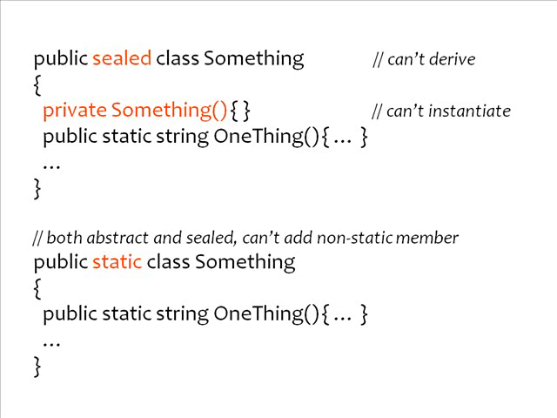So no one can derive from it, and you cannot add a non-static member. If you try to, you're going to get a compile time error, one of my favorite kind of errors of all times. So we make our intention perfectly obvious to the compiler as well as to the consumers of our class, that in this case something is not a thing to be instantiated.